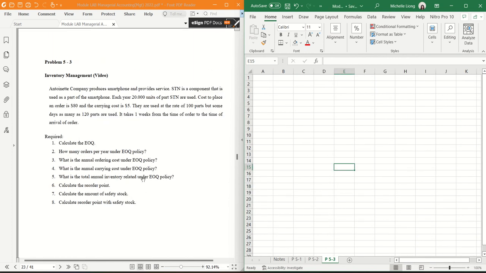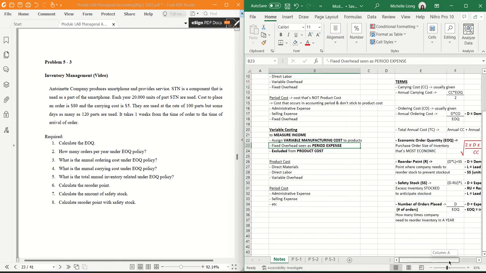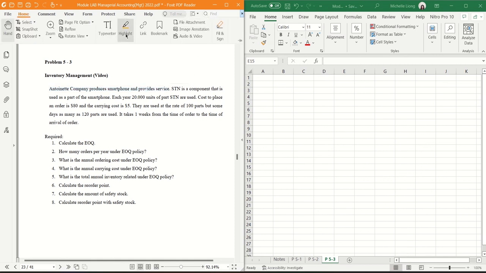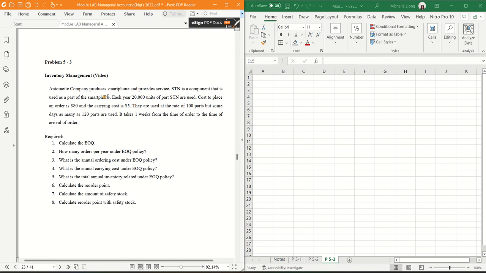Okay, so problem 5.3 is the one on inventory management. You're going to use all of these formulas right here that I've told you before. And right here we have that the Antoinette company produces smartphones and provides services. So STN is a component that is used as a part of the smartphone.